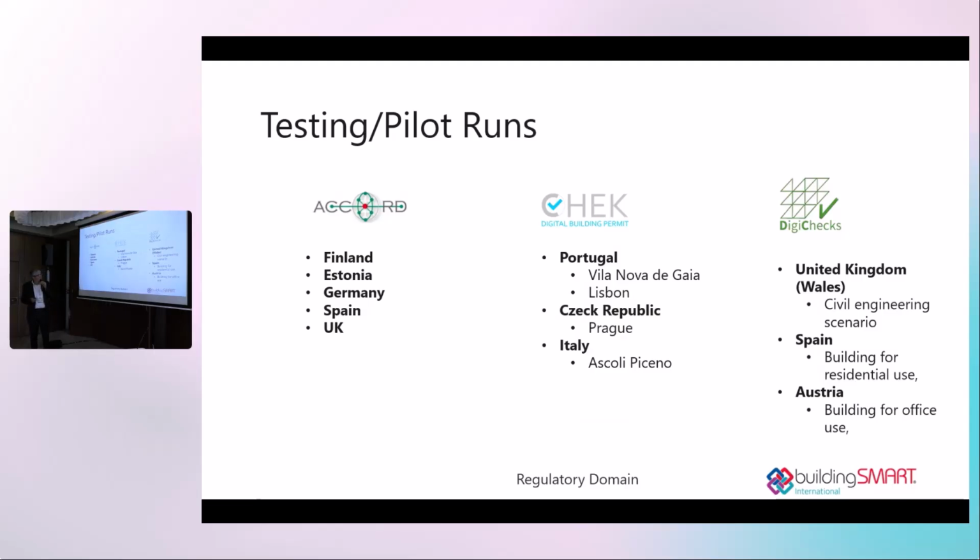There is one in Italy, Ascoli Piceno, Prague, Lisbon, Vila Nova de Gaia. So we have very different kinds of municipalities, big and small. While in the case of DigiChecks, the focus was on scenarios: a civil engineering scenario in Wales, in the United Kingdom, a residential building scenario in Spain, and an office building in Austria.